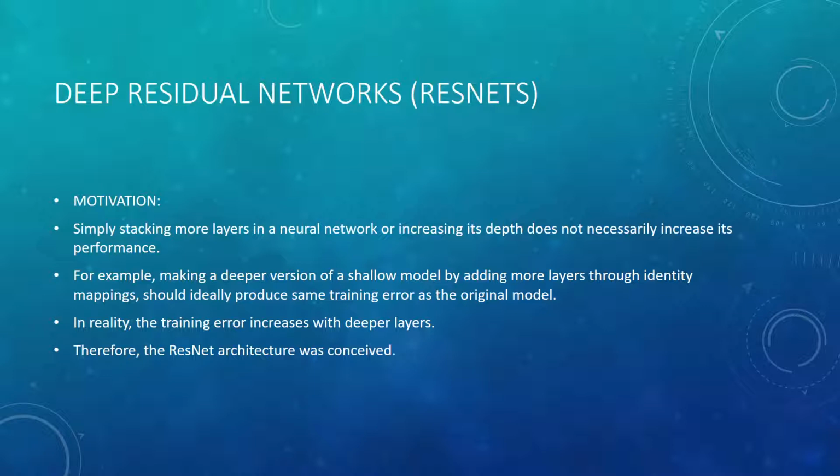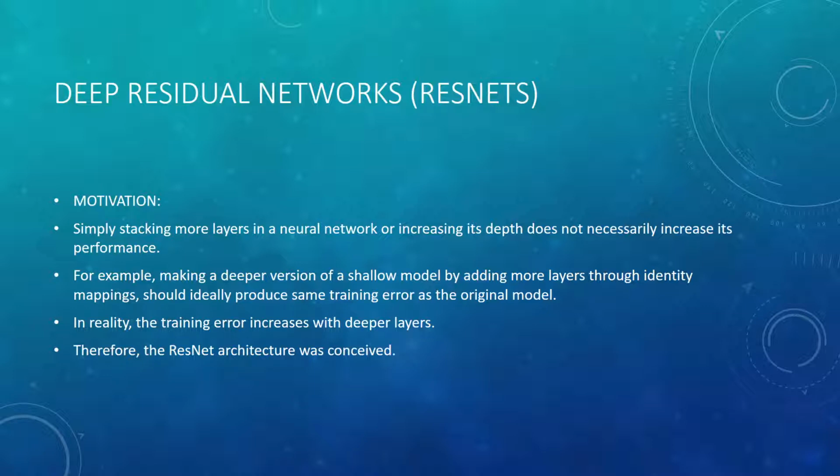The motivation behind coming up with ResNet was that if you take a shallow model and add more layers to this model using identity mappings, you should ideally expect a training error that is less than or equal to the original shallow model, because all we've done is add more layers using identity mappings.